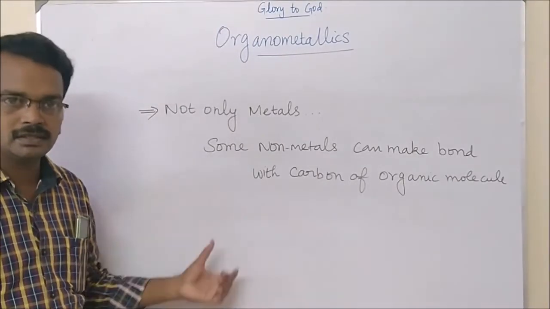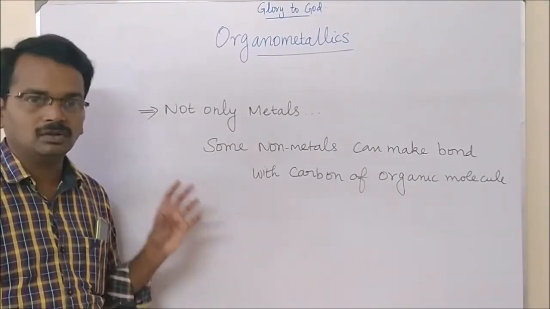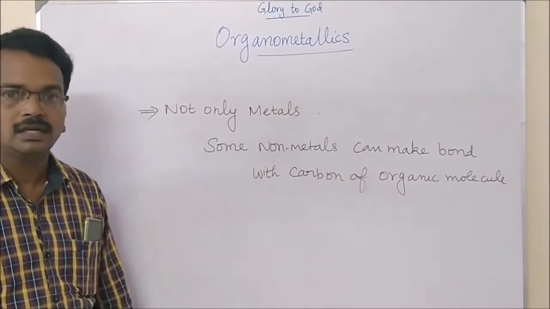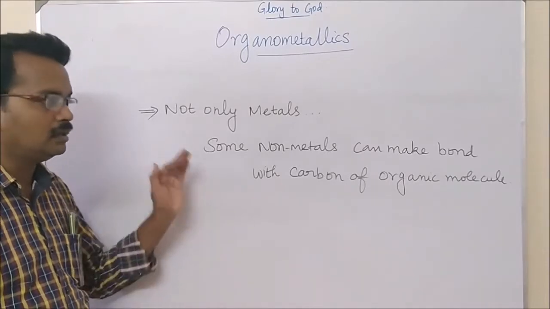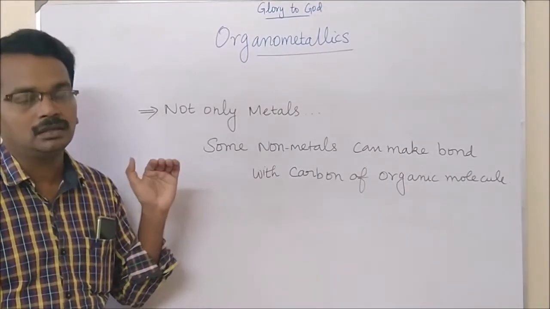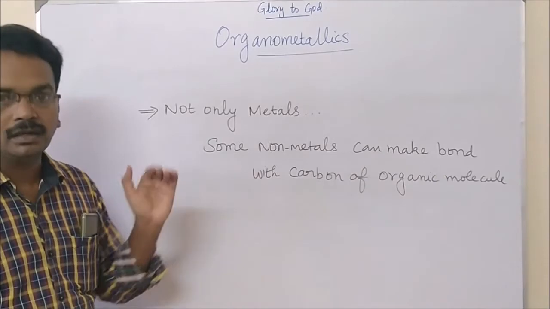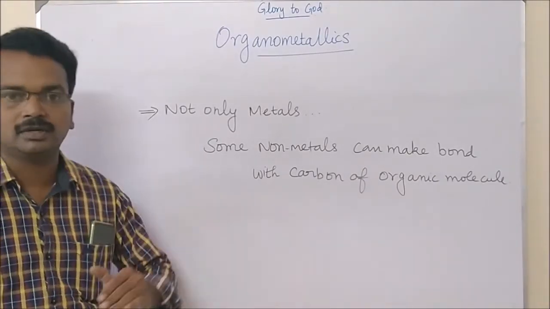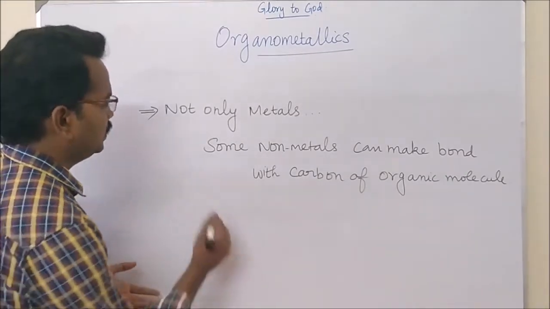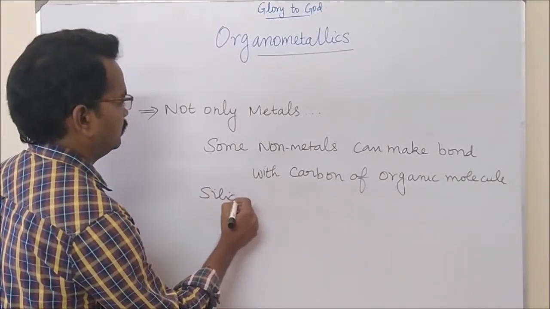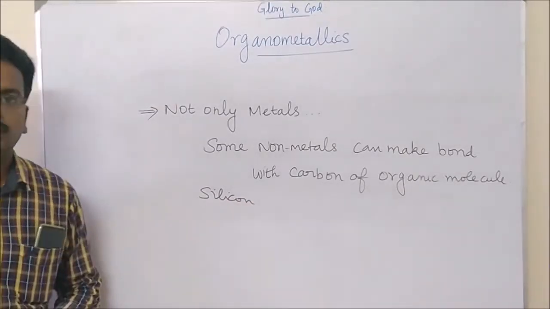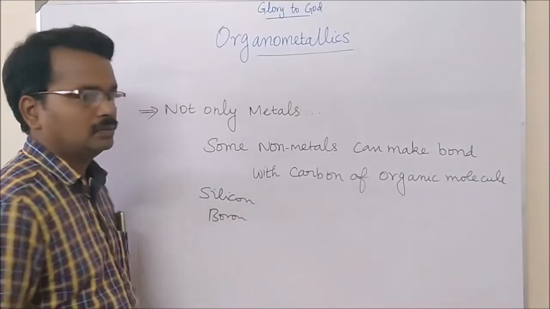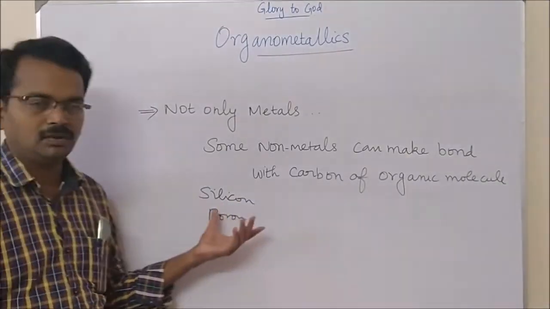Let us discuss the last criterion. Organometallic compounds need not have pure metals; some non-metals, for example silicon or boron, can also make a bond with the carbon of the organic molecule, and we have a lot of examples.